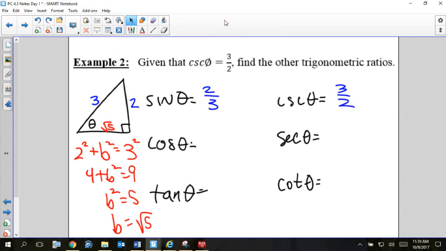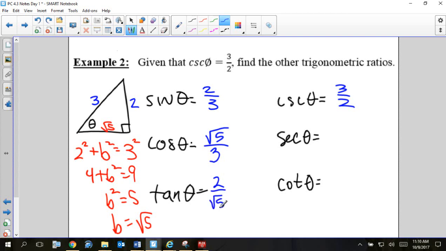Okay, now we do our cosine. Our cosine is the adjacent, square root 5 over hypotenuse 3. Tangent is the opposite over the, oh no, what did I just do?